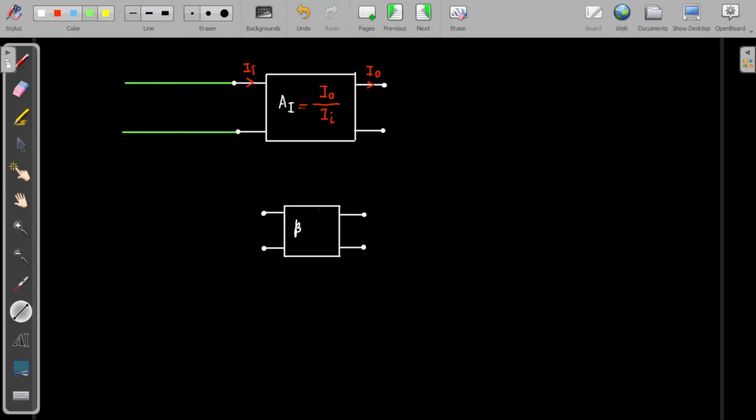If I draw the shunt connection, then from here one connection will come and from here one connection will come, like this. So the connection is here. Now at the input we have to connect.